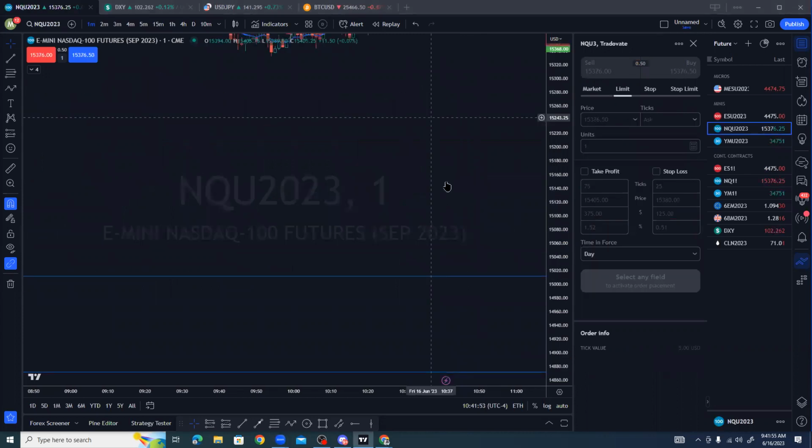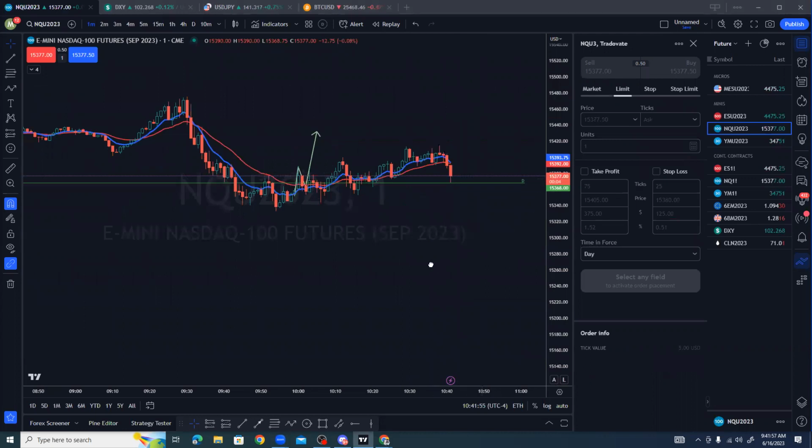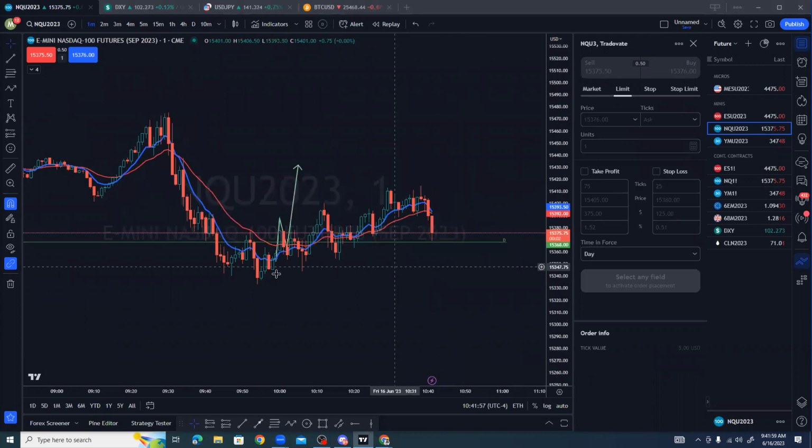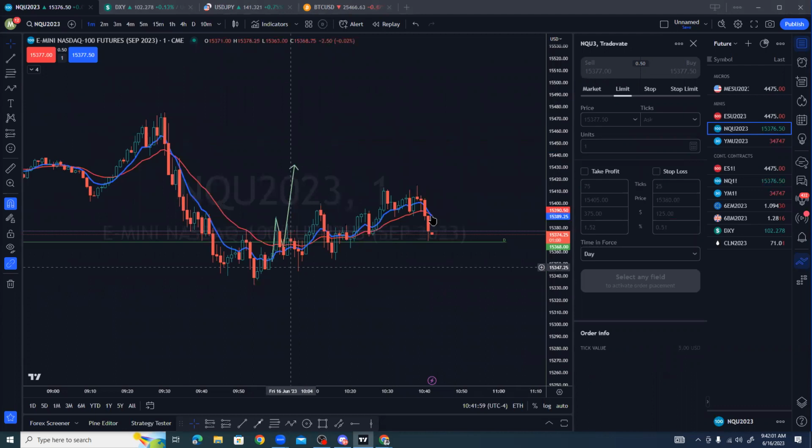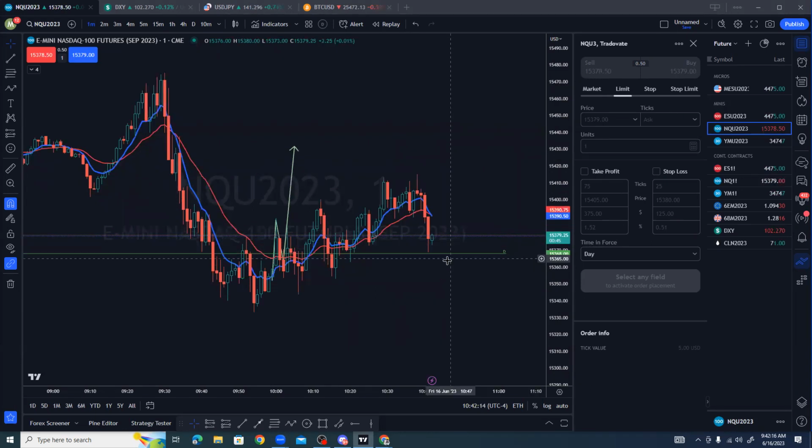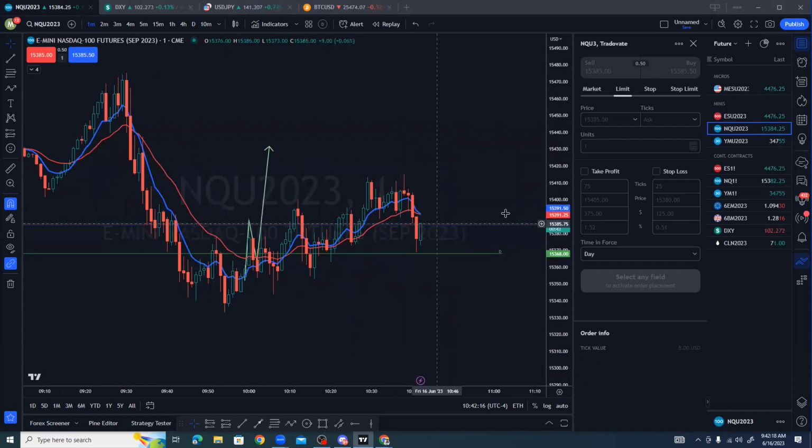NQ back down to its daily price line. We did. Look at that. It's just a nice, beautiful straight line, getting a good cross right here. Watch the NQ give us the setup we really want. There's the push back.